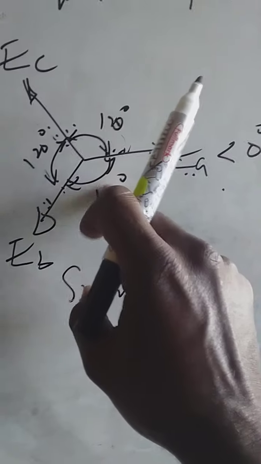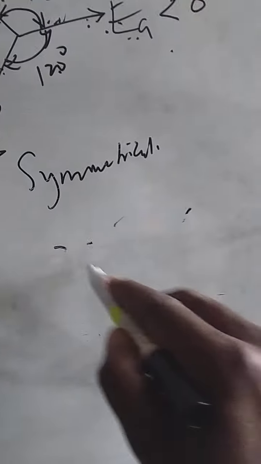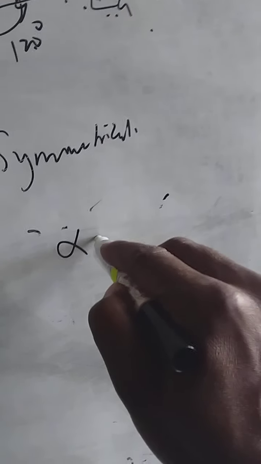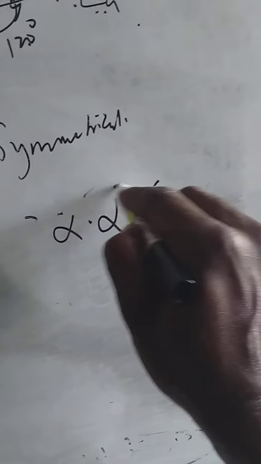Now, likewise, if you multiply alpha with alpha squared, what do you get? Of course, which is alpha cubed.